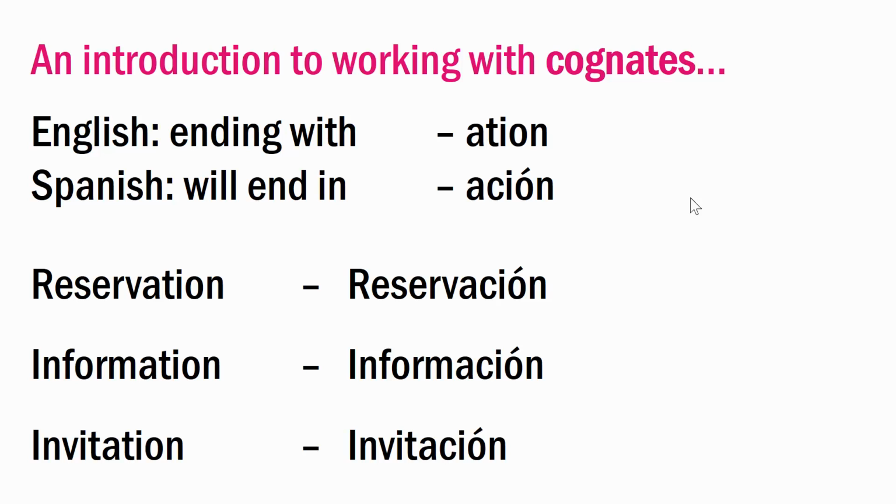English words ending with ation, like reservation or information, are going to end in ación. For example, the word reservation would become reservación. The word information would become información. And the word invitation would become invitación.